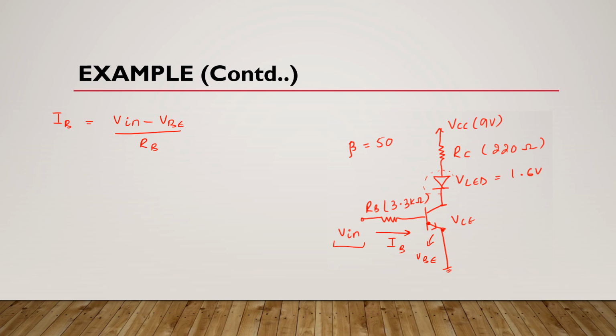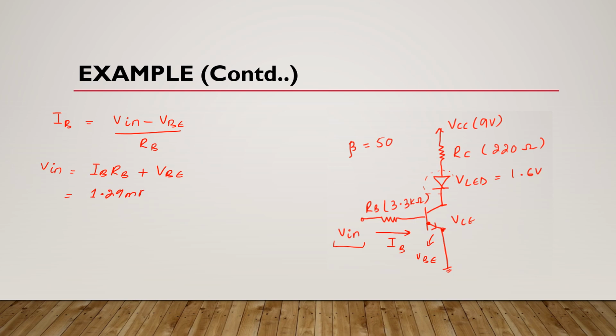If we rearrange this equation, we get Vin is equal to IB RB plus VBE.